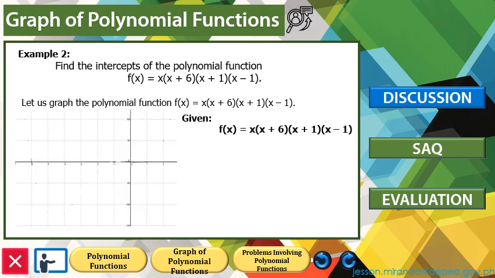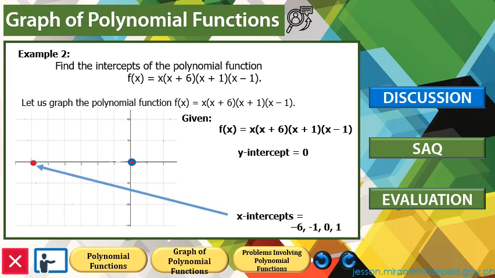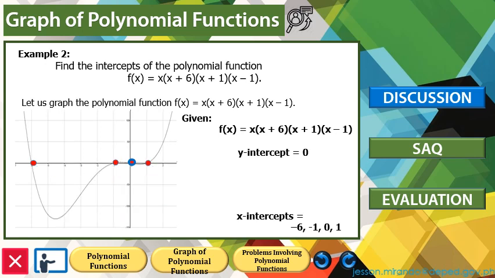Given f of x equals x times the quantity of x plus 6 times the quantity of x plus 1 times the quantity of x minus 1. Y-intercept is 0. X-intercepts are -6, -1, 0, and 1. This will be the sketch of the graph of the given polynomial function.